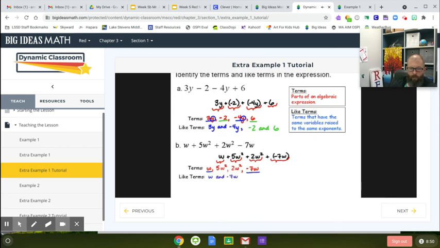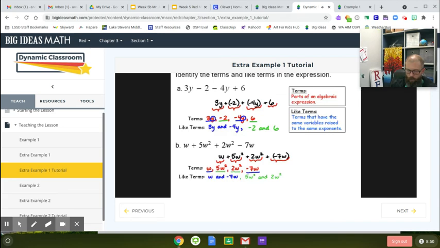You can say that w and negative 7w are like terms. The term 5w squared has the variable w raised to the second power. The term 2w squared has the variable w raised to the second power. So 5w squared and 2w squared are like terms because they both have the variable w raised to the second power.